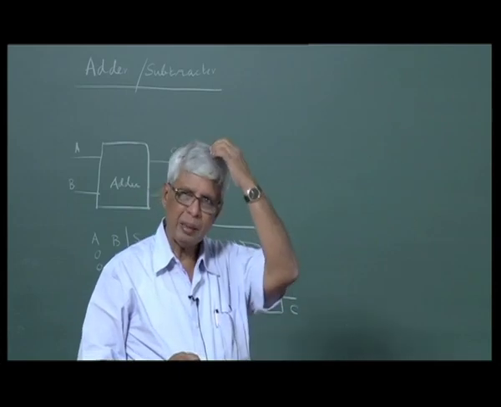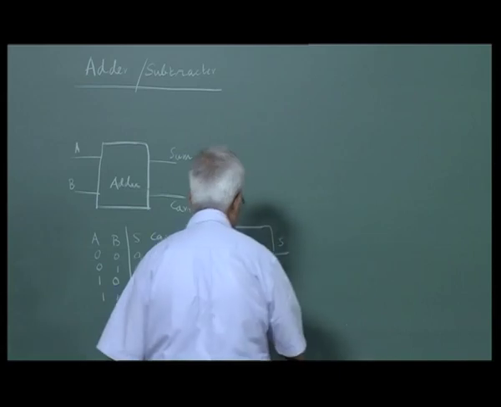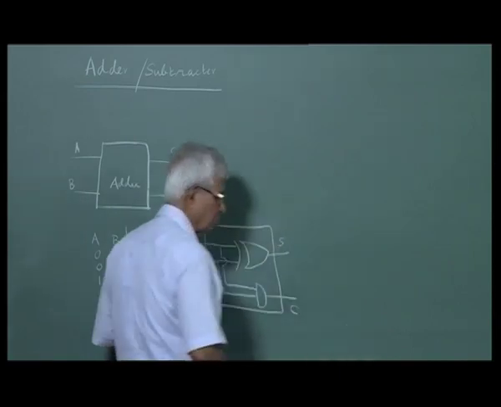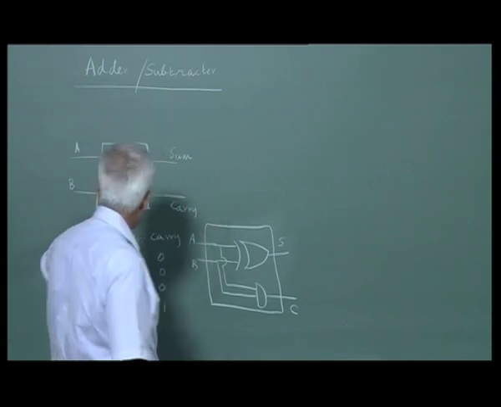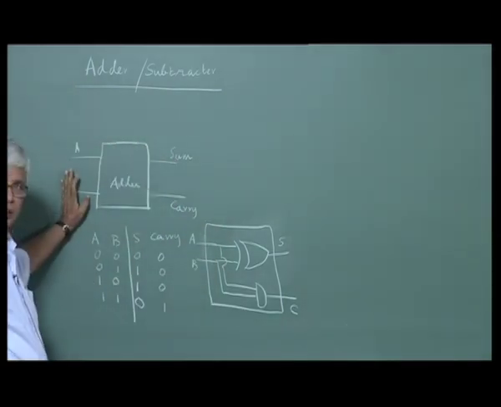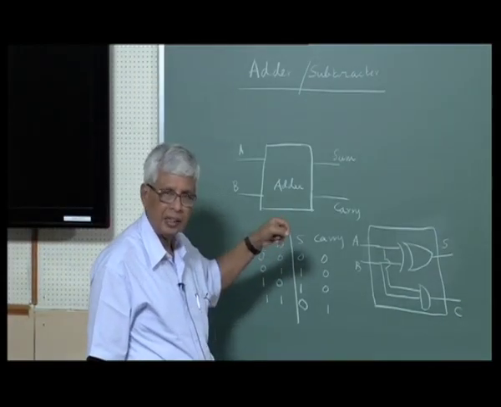When you have a multi-bit adder, this carry has to be fed into the next bit position. So these two inputs A and B alone are not sufficient. We need an extra input called carry in.